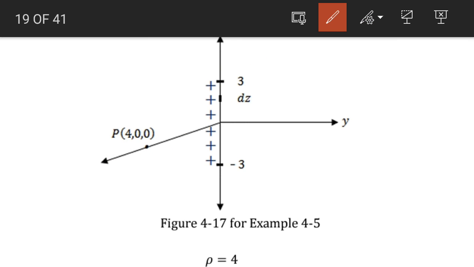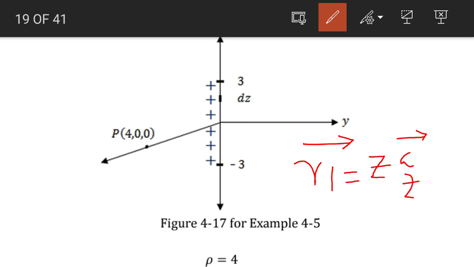So definitely the position vector of the small portion of the source, r1, will be equal to z az. This will be the position vector of the small portion of the source.